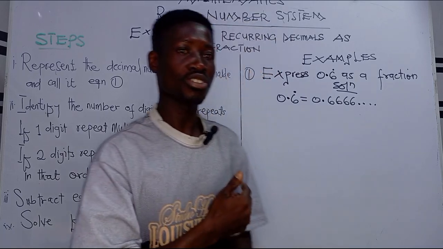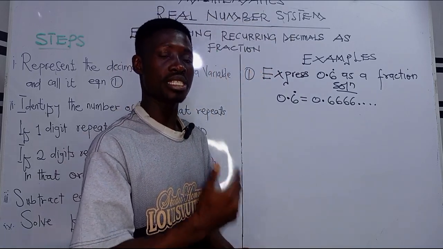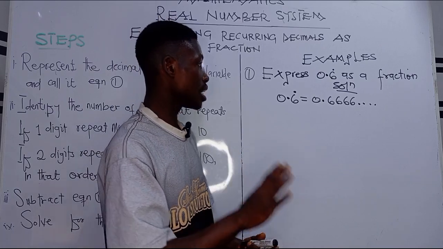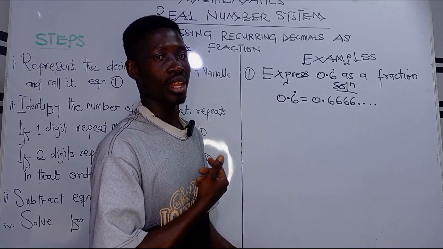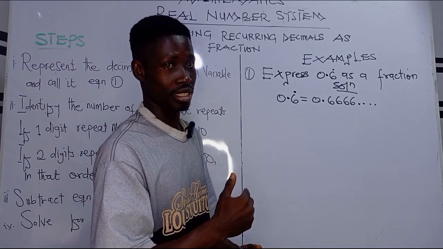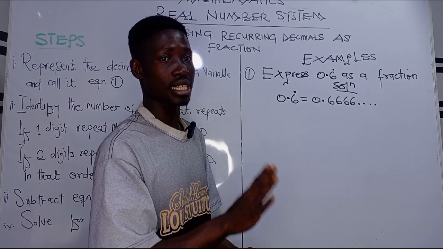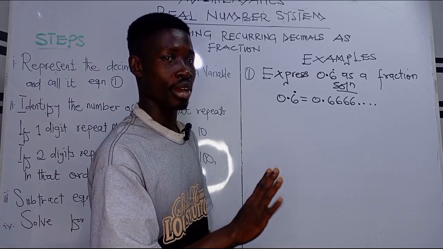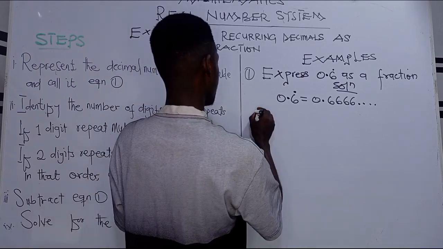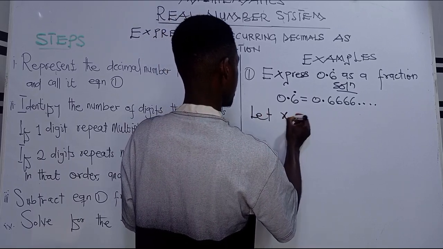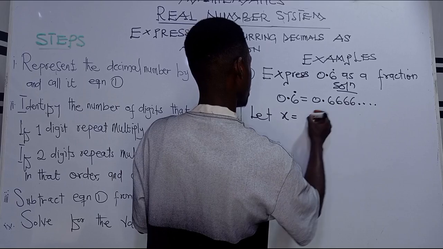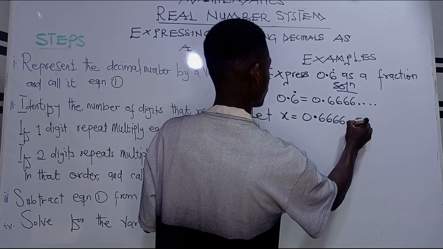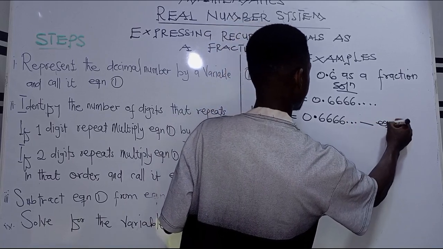You can choose any letter of the alphabet, A, B, C, D, E up to Z. For uniformity's sake, let all of us stick to the variable X. So we let X equal 0.6666 up to infinity, and we call it equation 1.